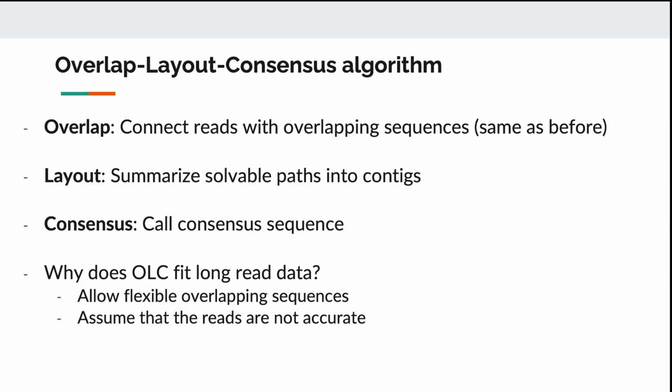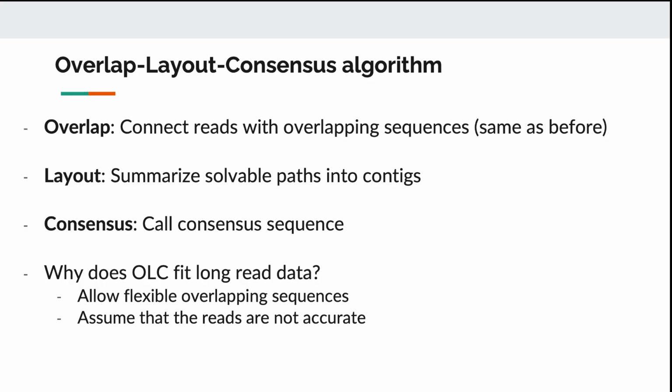The overall algorithm is called the overlap, layout and consensus algorithm, or OLC. They break this algorithm down into three parts, as the name suggests. Overlap is the part where you calculate the overlap between two reads.